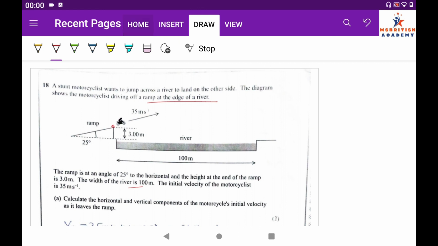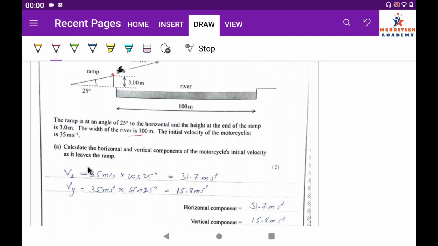The first question is to calculate the horizontal and vertical components of the motorcyclist's velocity as it leaves the ramp. If this is 25°, this will also be 25°, and now you can make two components: one parallel to the river and one perpendicular to the river.